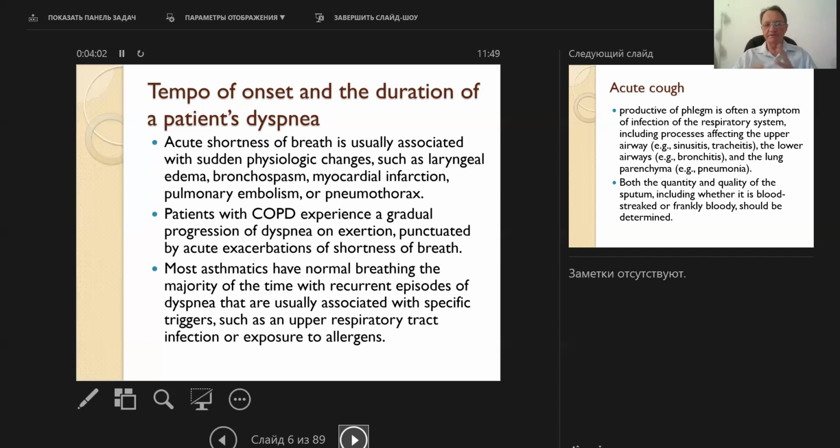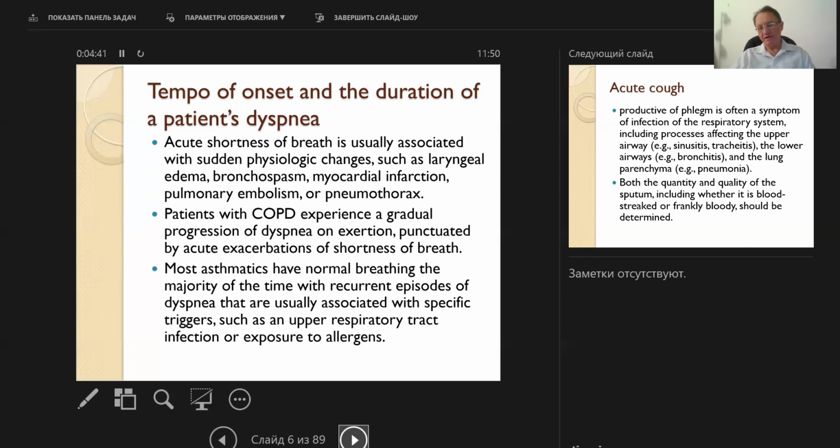But usually, you should actively ask the patient whether there was dyspnea or shortness of breath due to physical exertion before this period. Often patients say yes, but it's not significant sometimes. That's why you should conclude it's not an acute process, it's a chronic process.